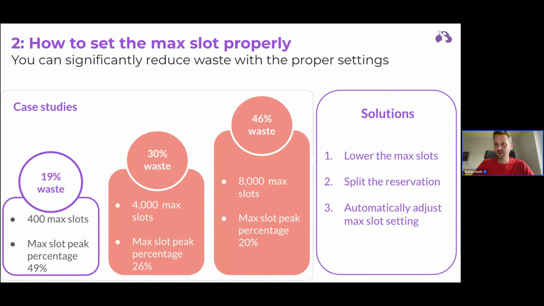You can have your critical jobs and put 8,000 slots there where you need to meet your SLAs, and just separate all of the other jobs and have a lower max slot setting like 1,000, 2,000, or depending on the use case. So what are the rest of the workloads? This is one example, because in this case the waste would be lower.